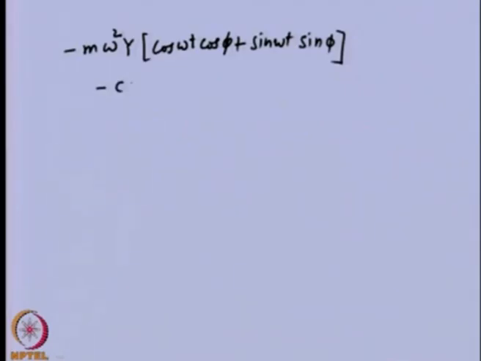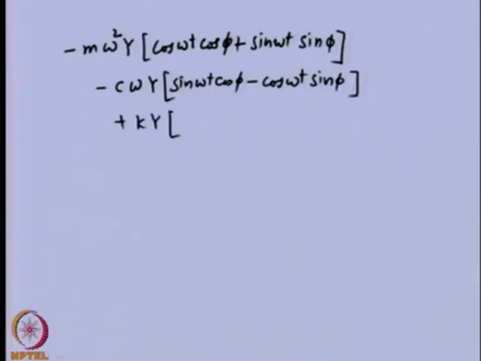Then from damping term we can have sin omega t cos phi minus cos omega t sin phi. Then from the third term, elastic term, we can expand that as cos omega t cos phi plus sin omega t sin phi is equal to the unbalanced force.